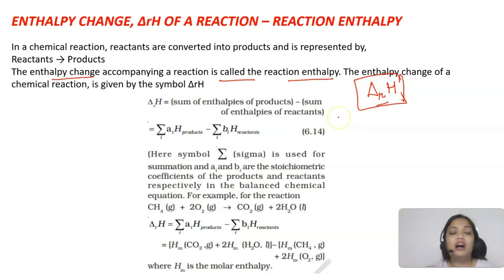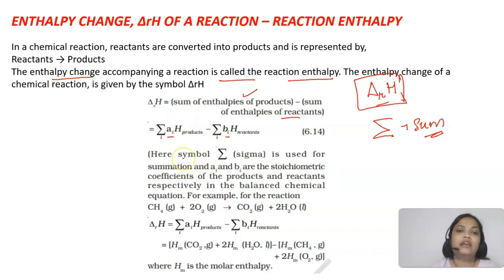Now how to calculate this reaction enthalpy? Reaction enthalpy is the sum of enthalpies of the products minus the sum of enthalpies of the reactants. This sigma means summation, and a and b are the stoichiometric coefficients.